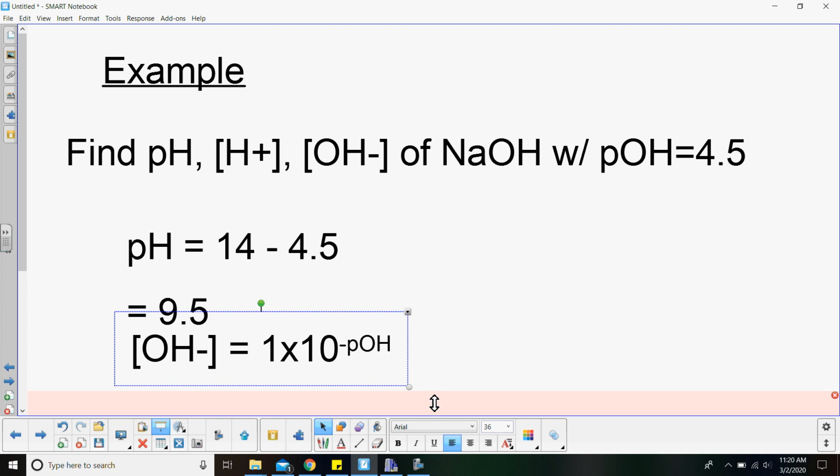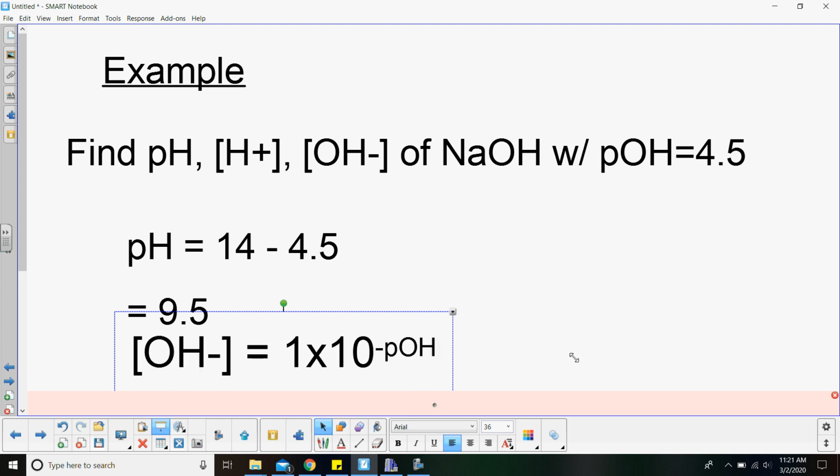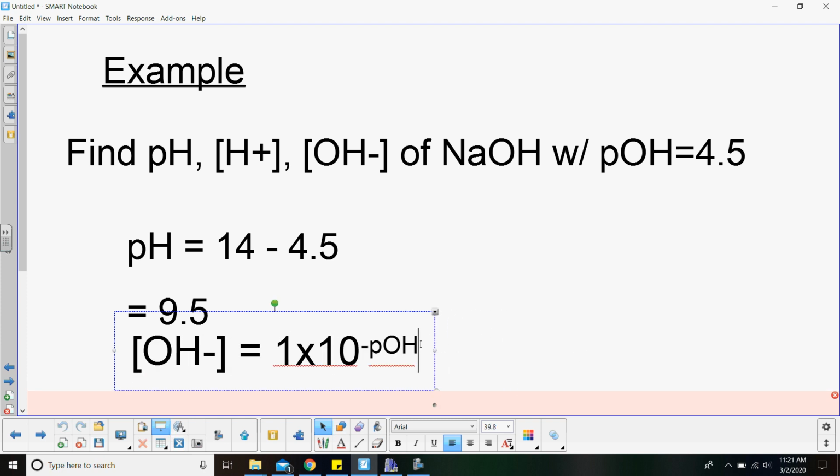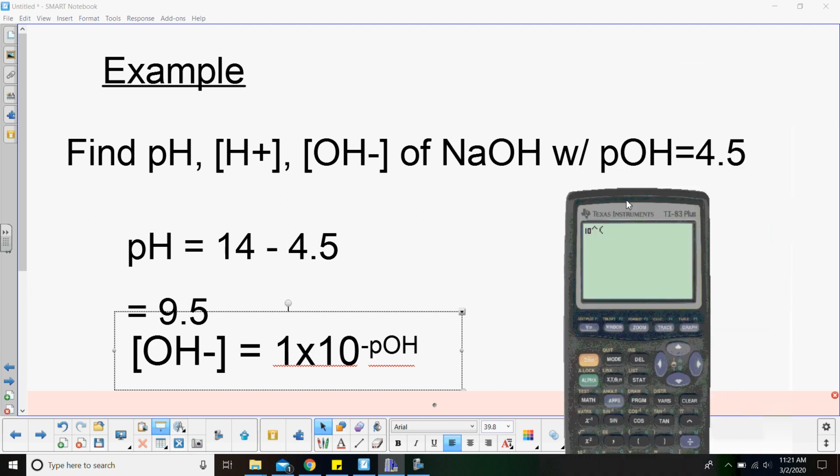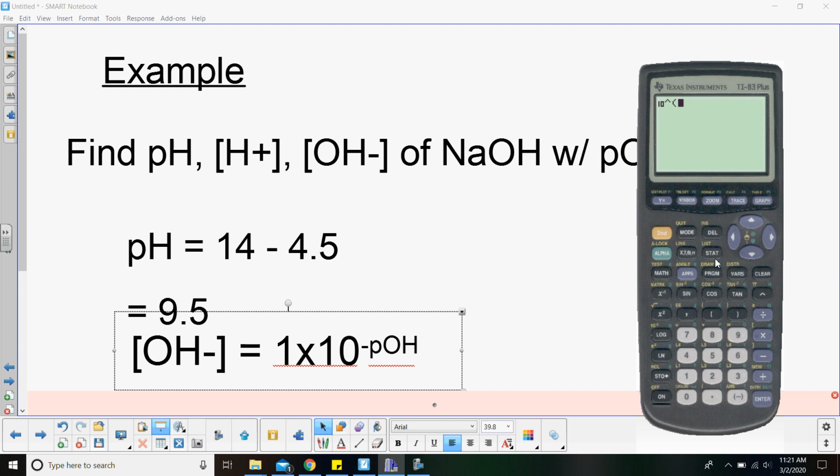Get my calculator up. Once again, this is a simple calculation. All we're doing is second log, which is the power of 10, putting in the negative pOH value, which was, again, 4.5. So negative 4.5.